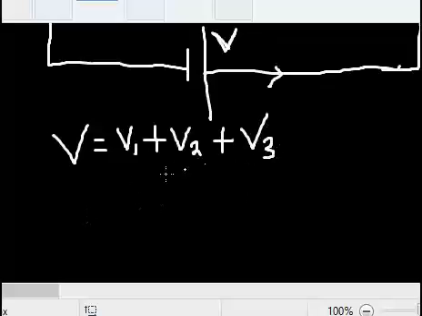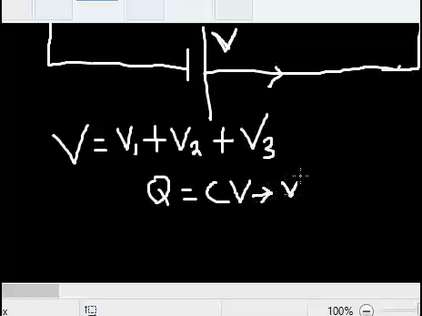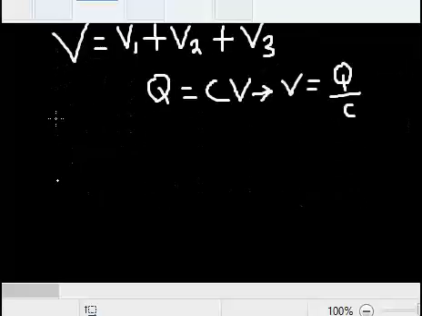All right, so from Q being equal to CV, making V the subject of the formula, we know that V is going to be equal to Q all over C. So here we go.